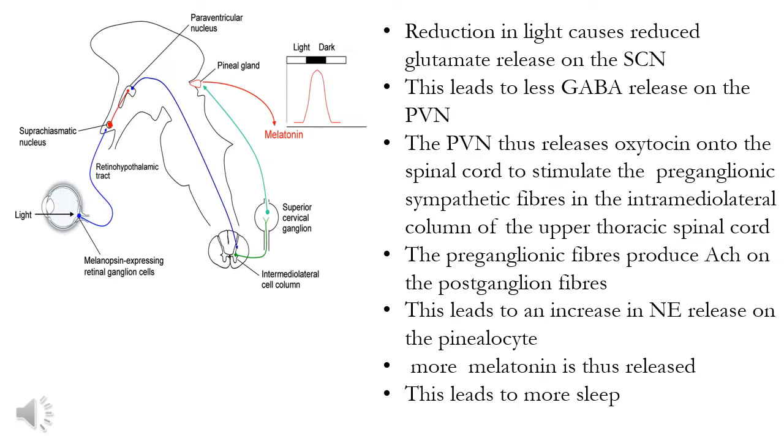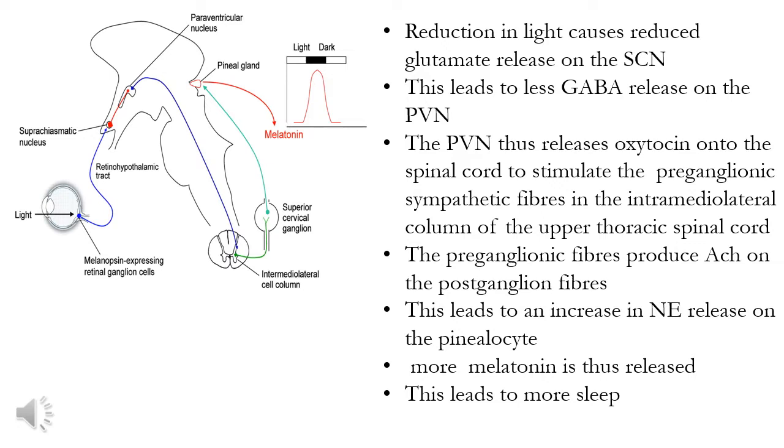So this GABAergic neuron will thus not release GABA onto the paraventricular nucleus.